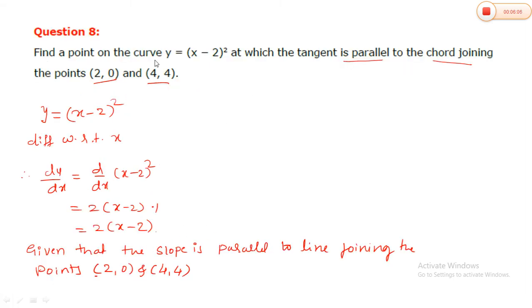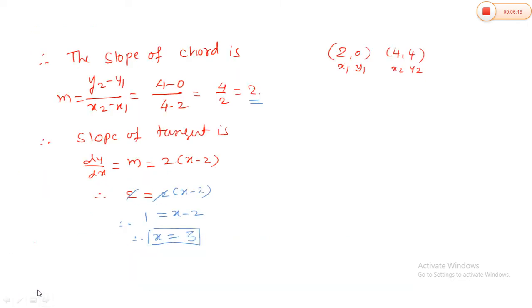Here we are going to find the tangent point. Here x equal to 3, so we have to find the corresponding value of y.